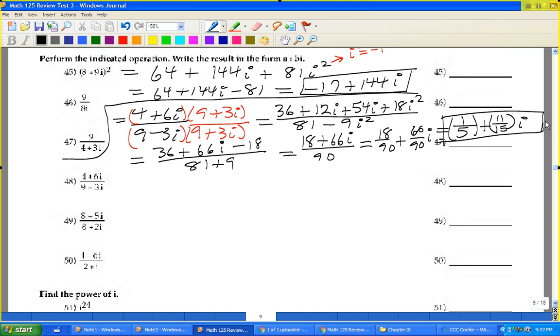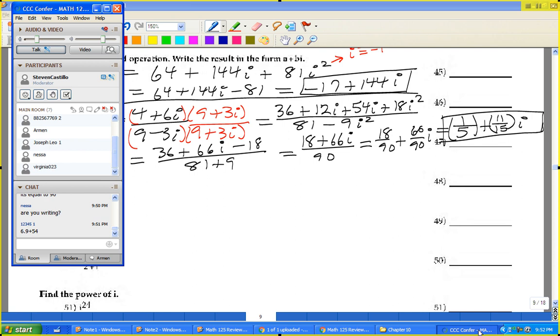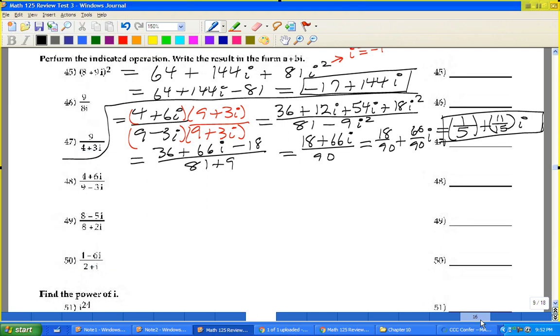Finally. Okay. Let me do problem number 48. Any questions about that? Since that was kind of confusing, since I made an error. I wrote 45 instead of 54. Okay, let me do problem 48.